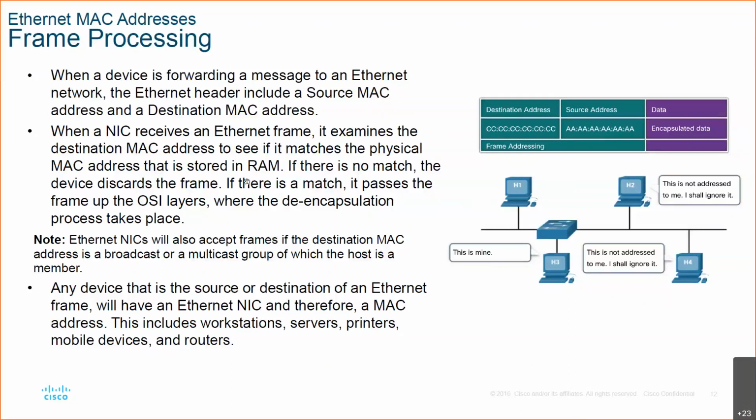If there is no match, the device discards the frame. If there is a match, it passes the frame up the OSI layers. Long story short, all these devices are connected to the switch, and the switch has a table in which it stores all the MAC addresses. Once it receives a frame from the source, it knows which destination to send to.